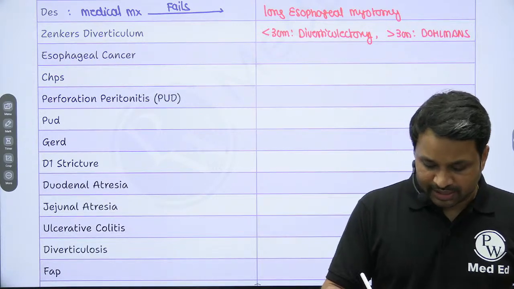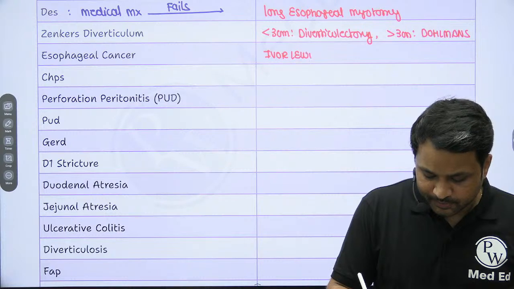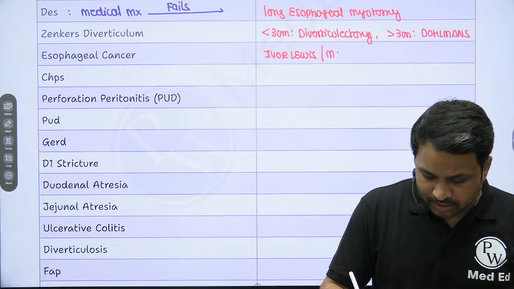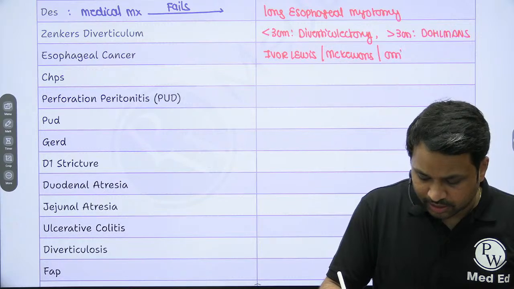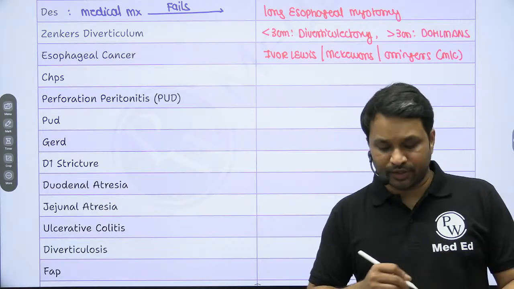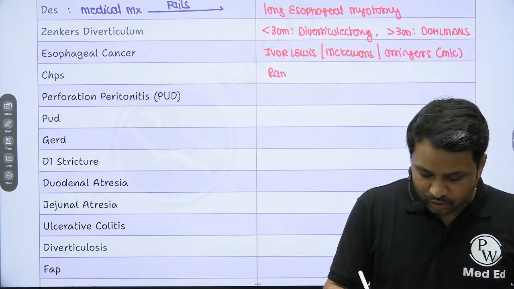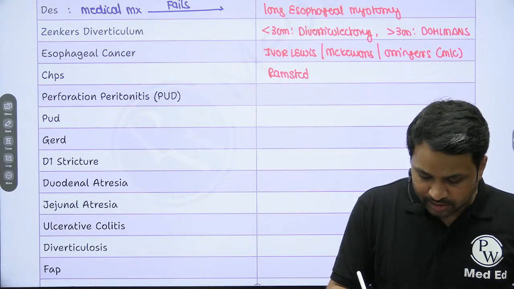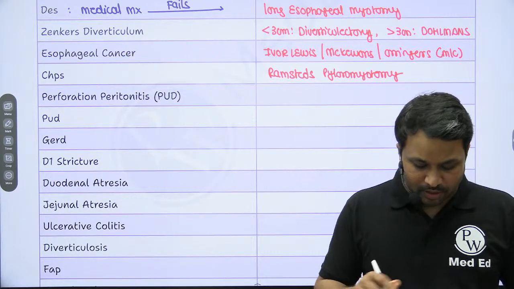For esophageal cancer, there are 3 surgeries you should know: Ivor Lewis, McKeown's, and Orringer's. And we said Orringer's is currently the most preferred surgery for esophageal cancer. Then for CHPS, it is Ramstedt's pyloromyotomy.